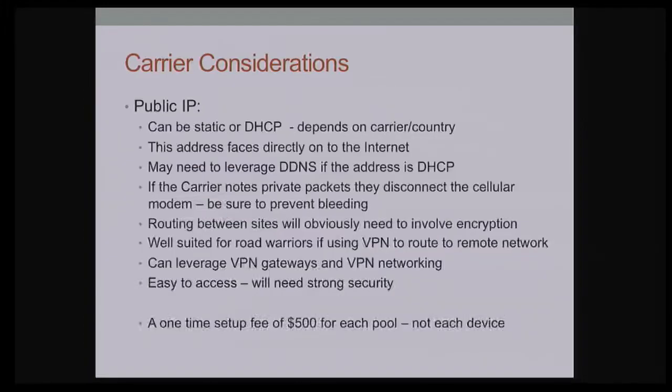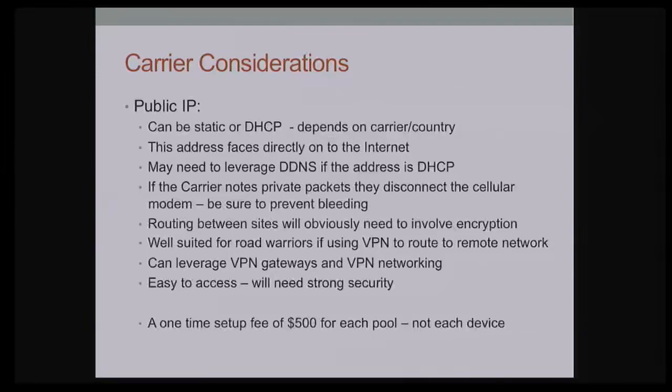Public IP plan is great if you need to have a device sit out on the internet. It's going to be either static IP or it's going to be DHCP. If you do DHCP, you can use DNS services to let you know if the IP address has changed. You may want to think about VPN technologies, and we'll talk a little bit about security in a bit, but you can leverage VPN technology on that device since it sits directly on the internet.